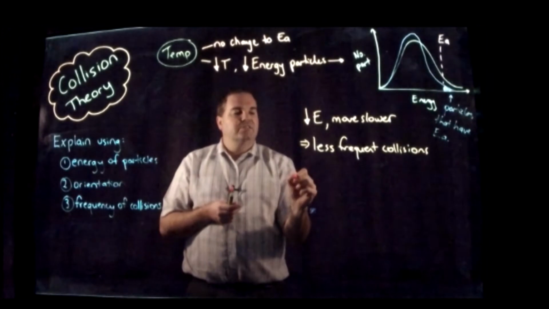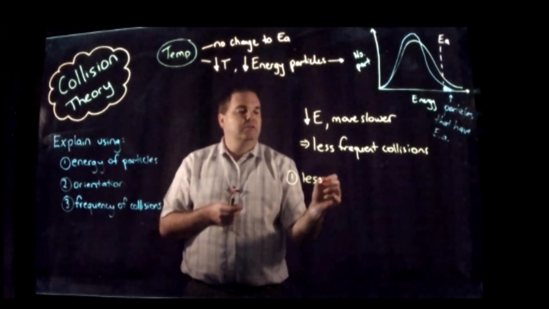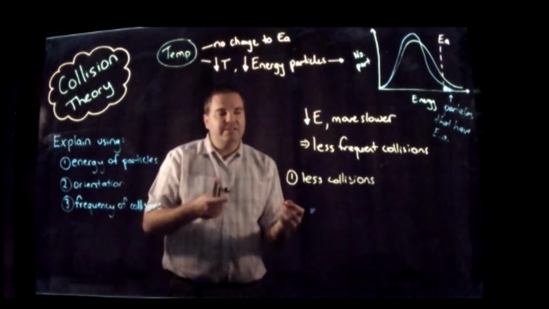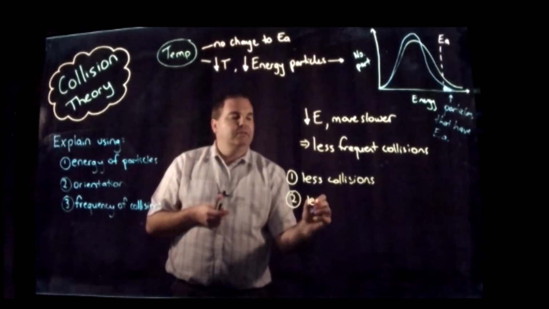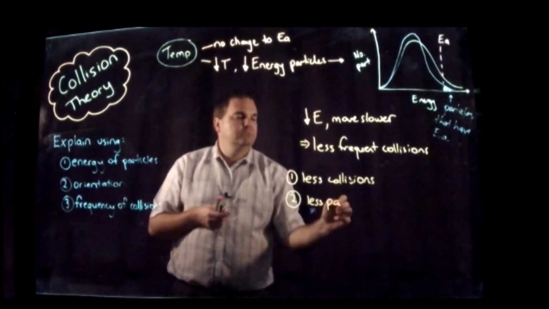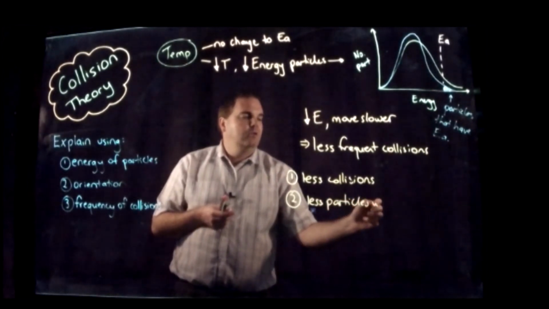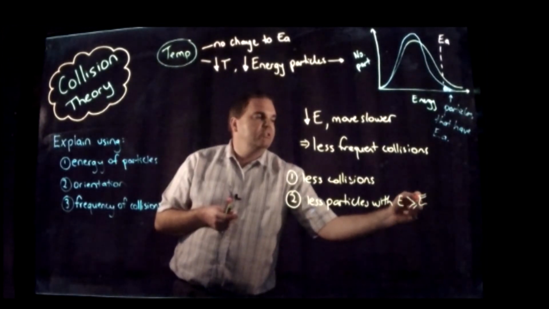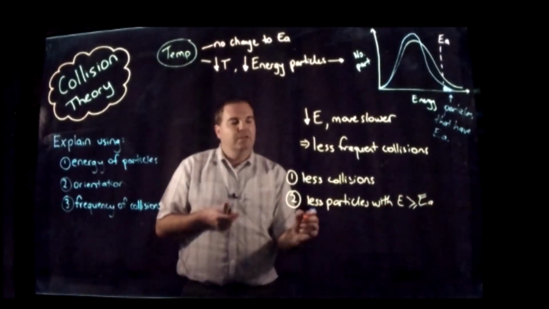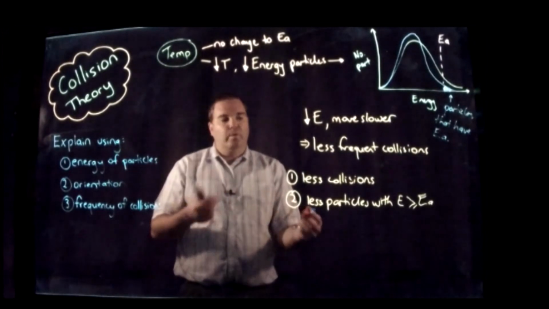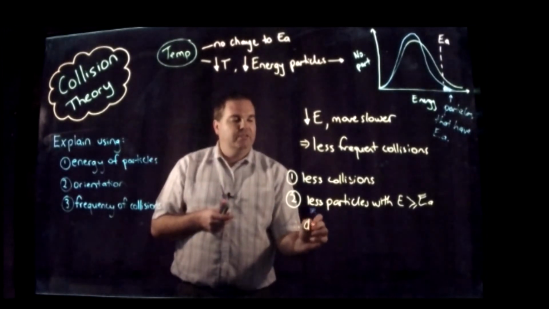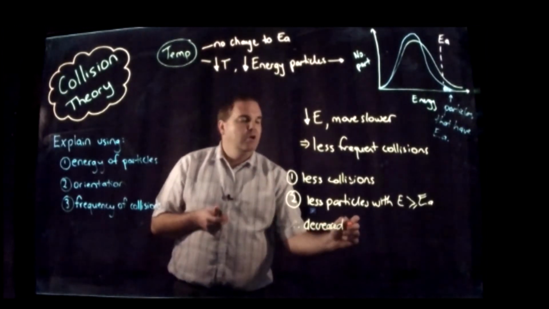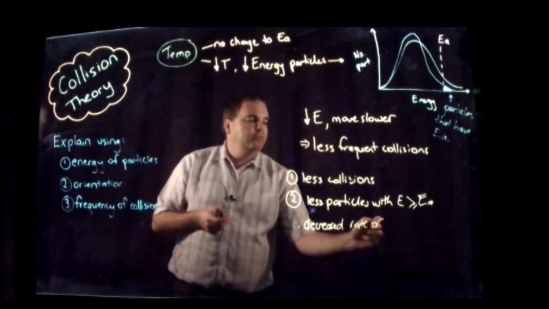There's one, less collisions. When the collision does occur, there are less particles with energy greater than or equal to the activation energy, which is what they require to react. So therefore, overall, we have a decreased or reduced or slower rate of reaction.